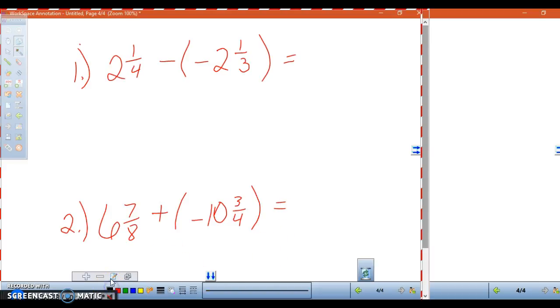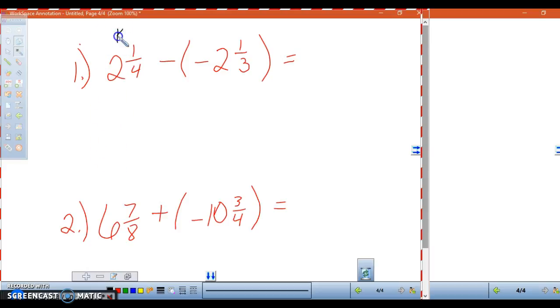In the first one, what do you see? What do we need to do with the signs? Think of integer rules. We're subtracting, so what do we do with subtraction of integers? Yes, we have to change it to adding. What is that phrase that we use? Keep, change, flip, add.